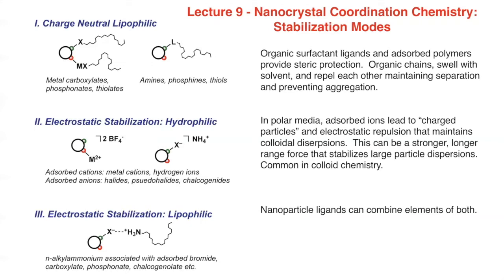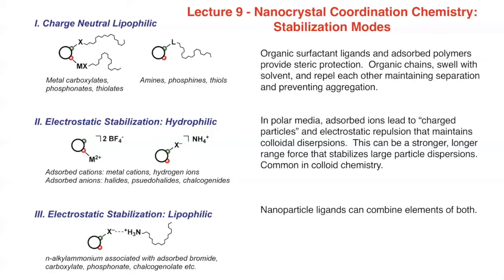Another, perhaps even more important class of ligands are ions that are adsorbed to the surface. Metal ions that bind to the outside of the particle and have some counteranion in solution, or vice versa, some sort of ammonium X salt, say ammonium sulfide, where the sulfide adsorbs in a basic type of way, and the ammonium countercation floats in the polar medium. This charge separation and net charge concentration on the particle surface keeps the particles apart from each other.